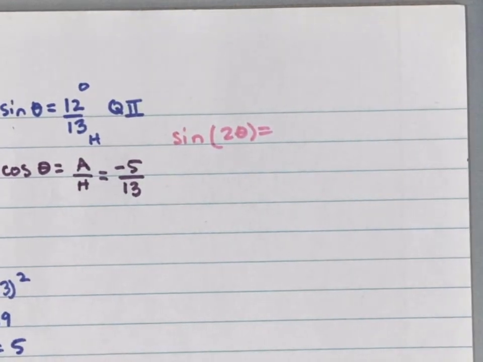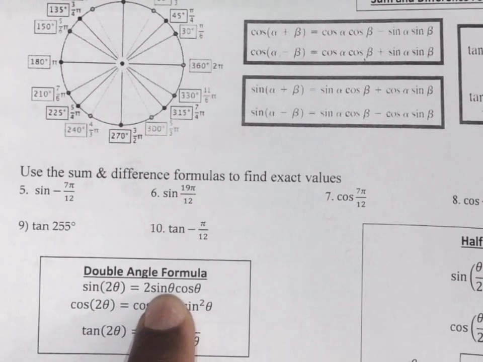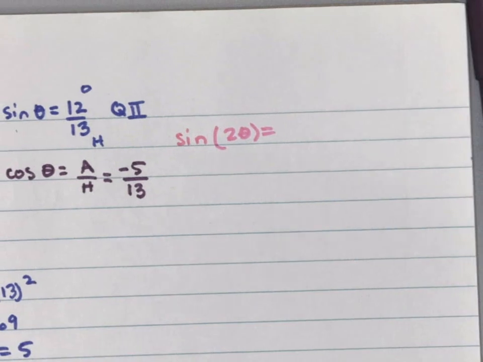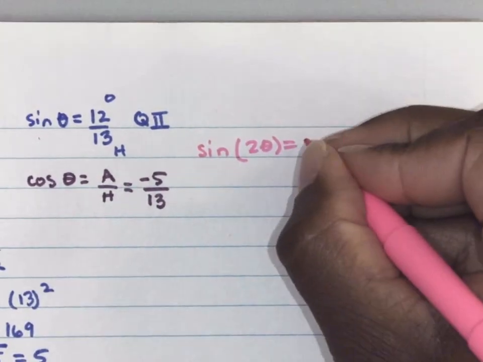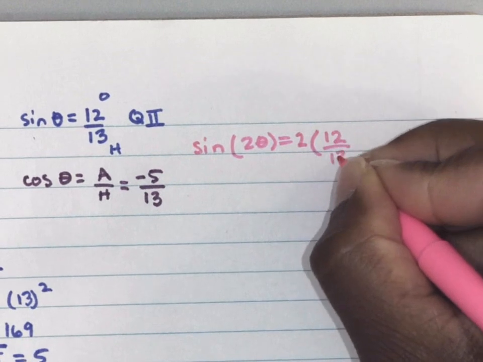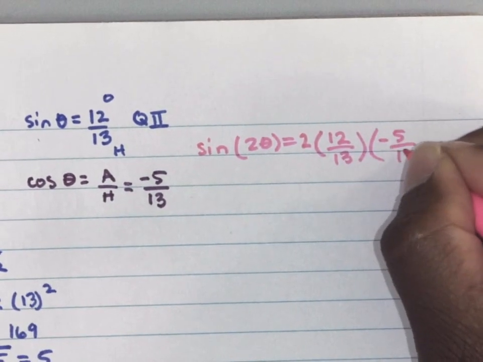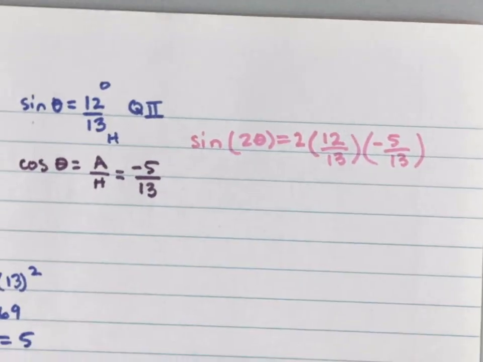Okay, so from the formula, sine's double angle will be 2 times sine's exact value based on this angle times cosine's exact value of this angle. So I got 2 times sine times cosine's exact value. Simplify this and I get my answer.